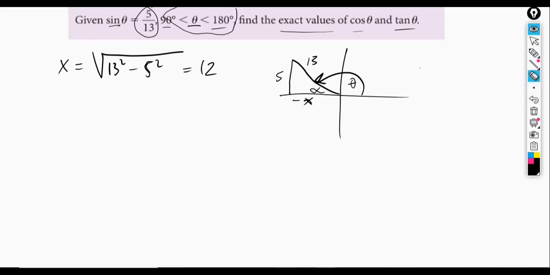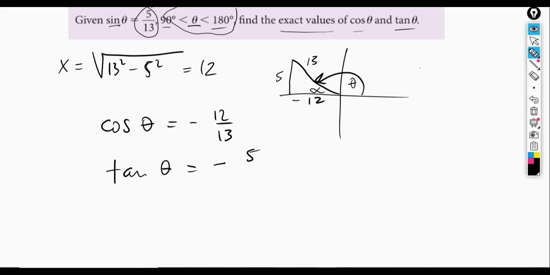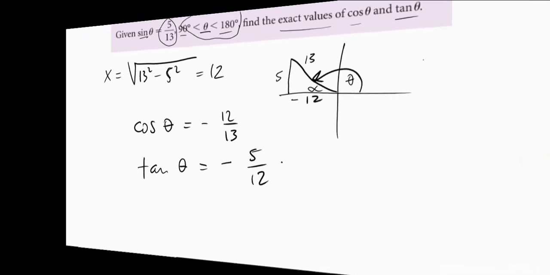So once we have that, we can simply write the values for cosine and tangent, because then cosine of theta would equal negative 12 over 13, and then tangent of theta would equal negative 5 over 12.